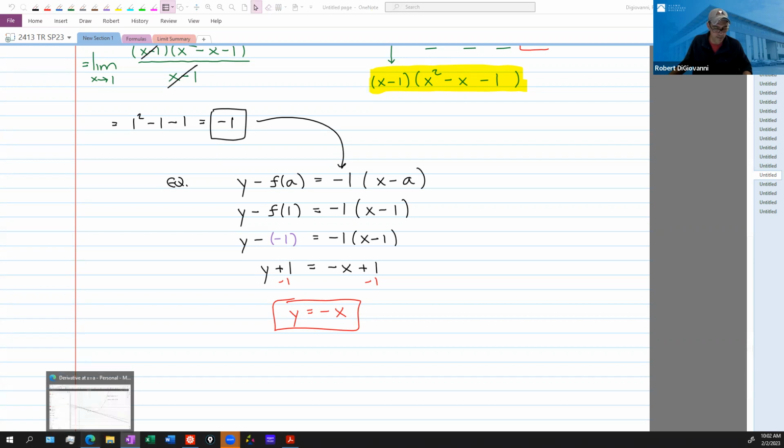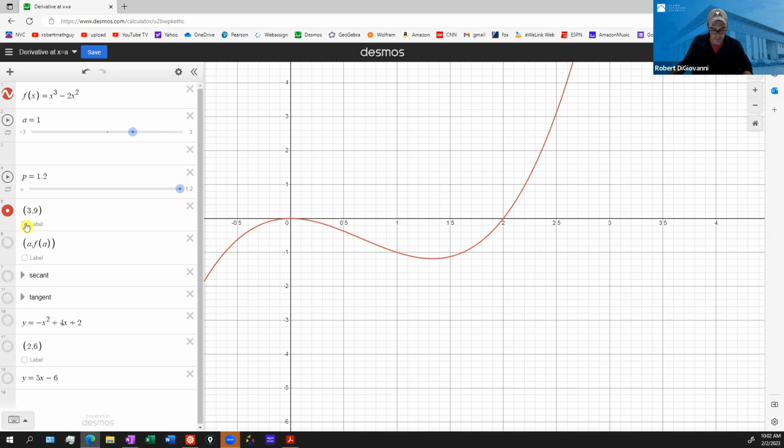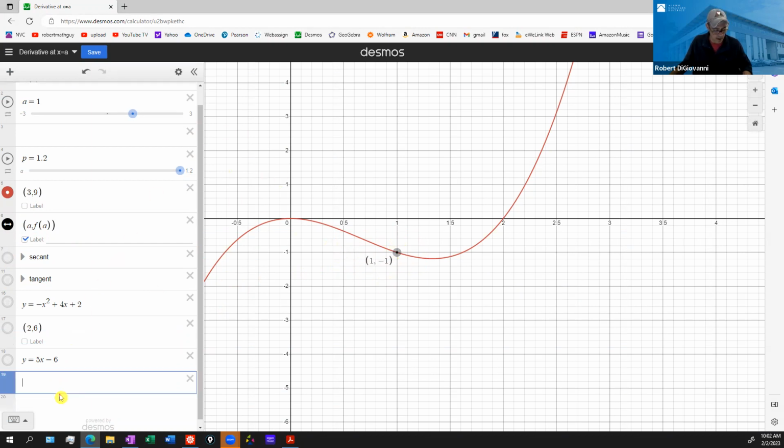So I'm going to come over here and take all this other stuff out of here so you don't see it. We were trying to find the equation of the tangent line at that point for this curve, right? And we found that it was just y equals -x.